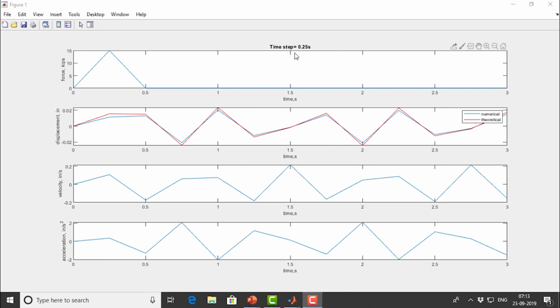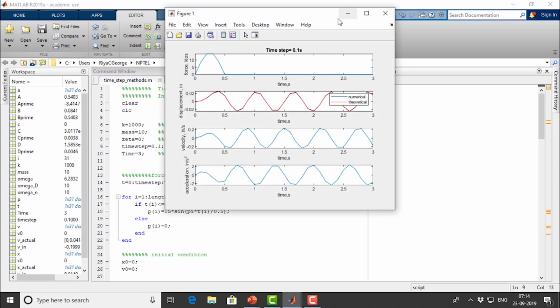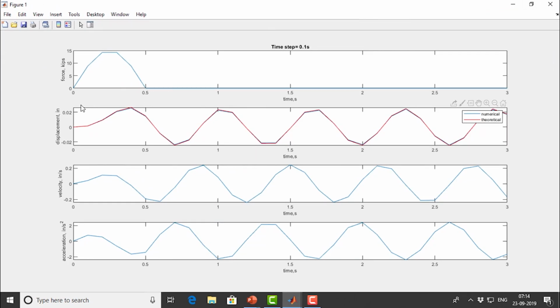So now let's find the response by reducing this time step. Let us change this to 0.1 second. So we have reduced the time step. Now let's find the response. Now the forcing function looks almost like a half sine pulse.